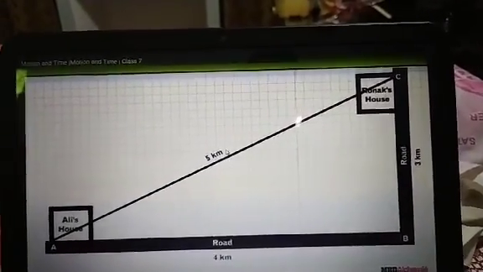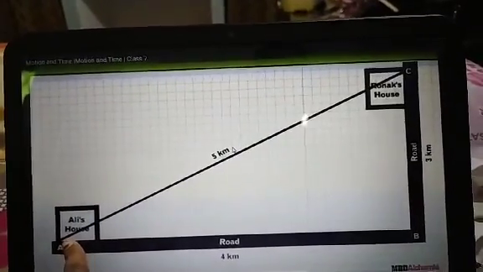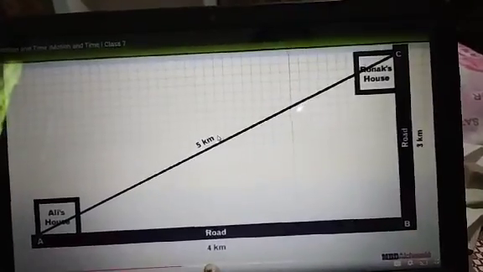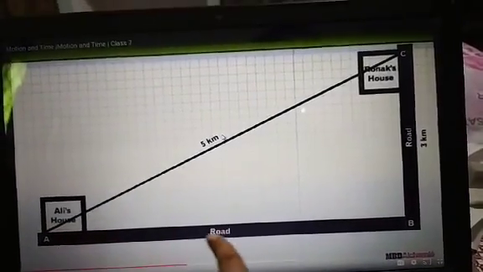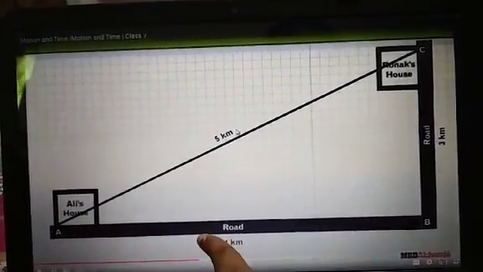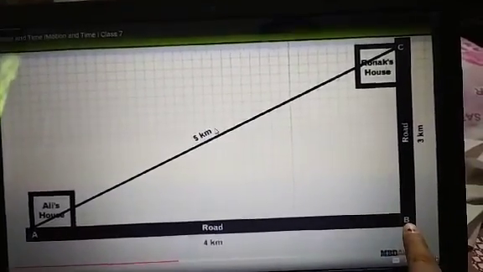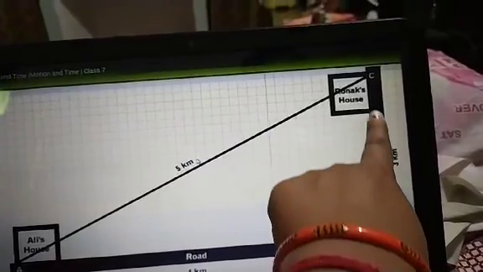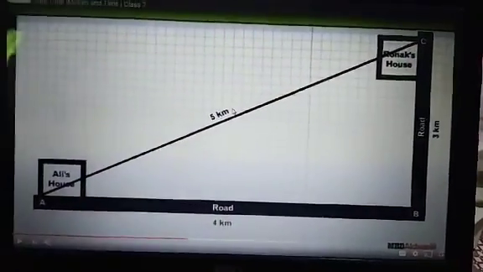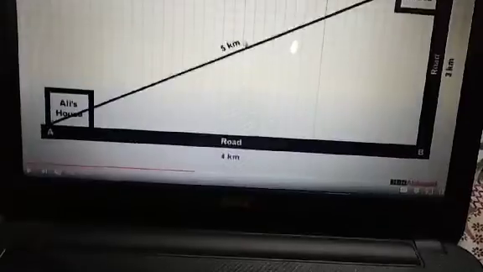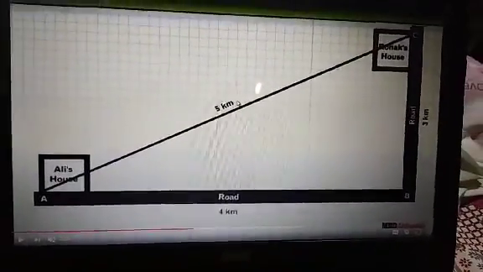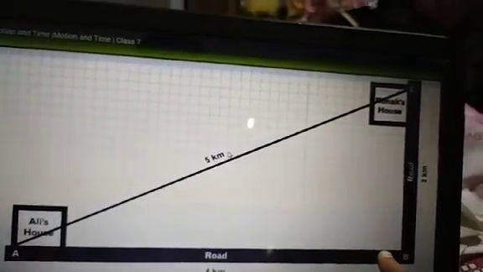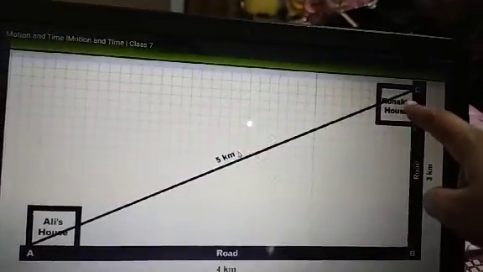Okay, so by road he will move like this, and the distance is 4 kilometers. He first has to cover 4 kilometers and reach point B. Then by road 3 kilometers. Then he will reach Ronak's house like this. Yes or no? He has to move like this only by road, from position A to position B and then to Ronak's house.